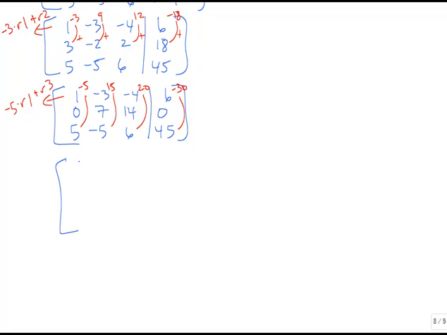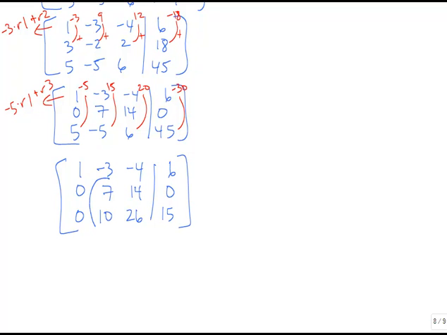So the top row stays put, the middle row stays put for now, and the new third row is negative 5 plus 5, which is 0, 15 plus negative 5 is 10, 20 plus 6 is 26, and negative 30 plus 45 is 15. Alright, so that first column is done.